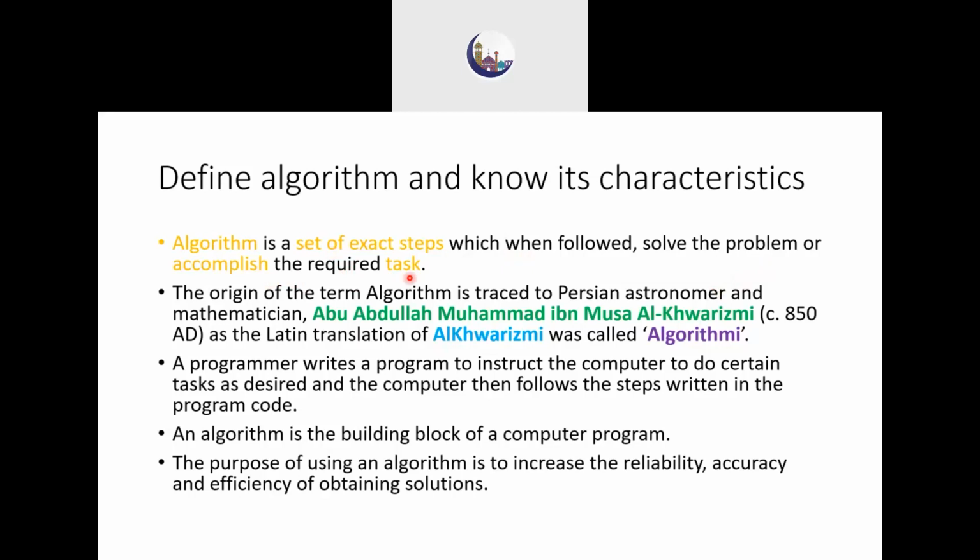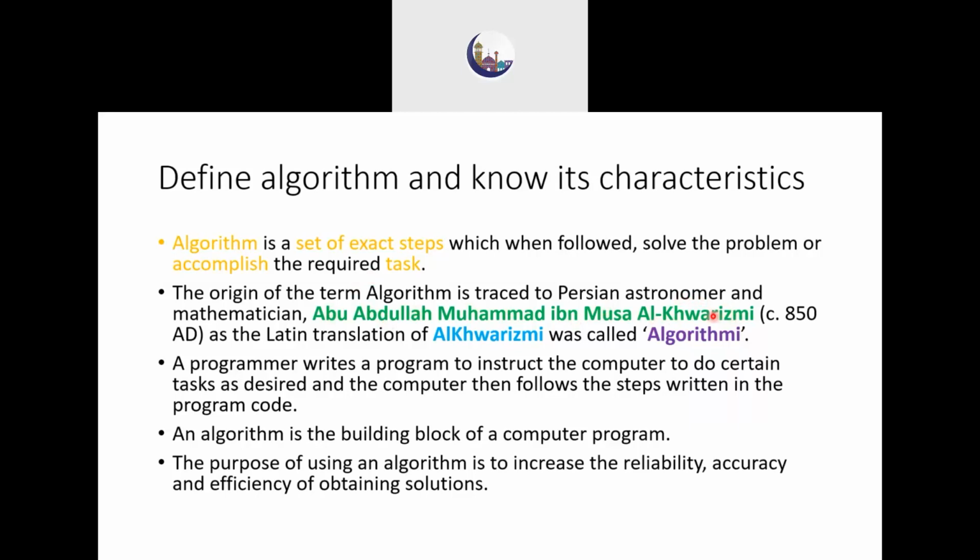Simple definition. This algorithm is basically a concept brought in by a person called Khwarizmi. Khwarizmi was an Arab Persian astronomer, and his full name was Abu Abdullah Muhammad bin Musa al Khwarizmi.